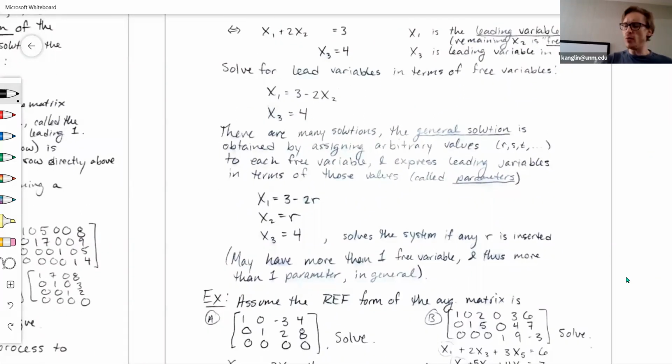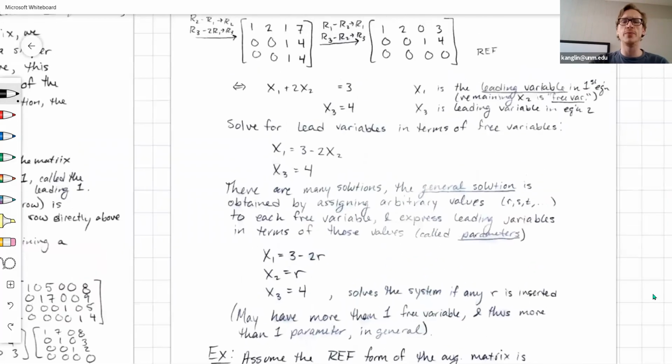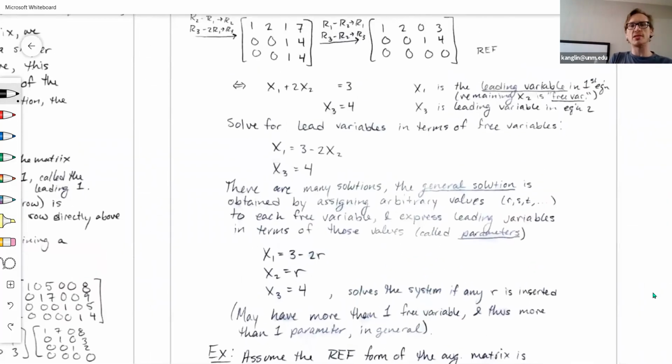Okay. And right away, before we go any further, I'm going to write down a pretty useful way to express the solution here. Let's express it as a column matrix. We're going to talk about vectors more soon, but we don't even need to talk about vectors for this.